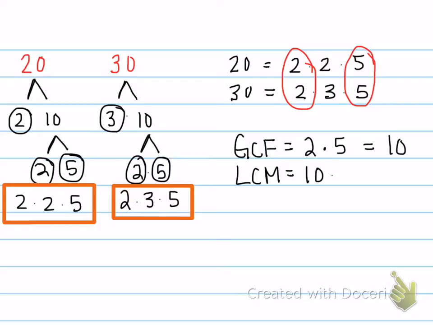My leftover numbers are 2 times 3. And I know that 2 times 3 is 6, and 6 times 10 is 60. So you should have had 10 as your GCF and 60 as your LCM.